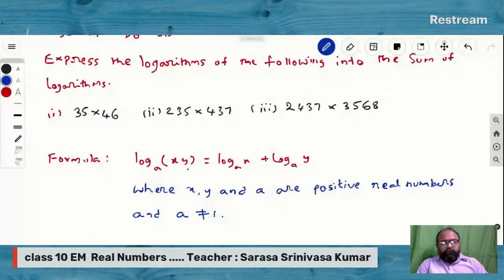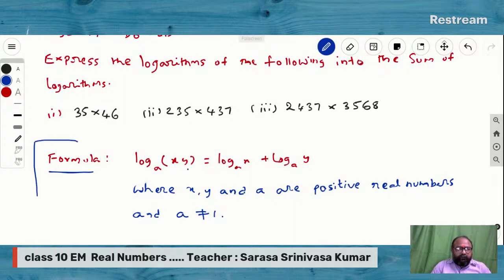So we have noted down the formula. Here we will keep this formula in a box.